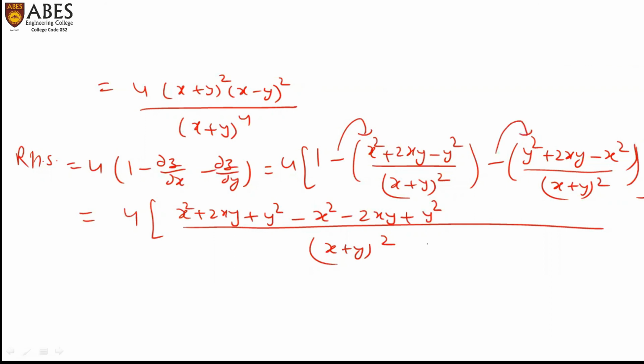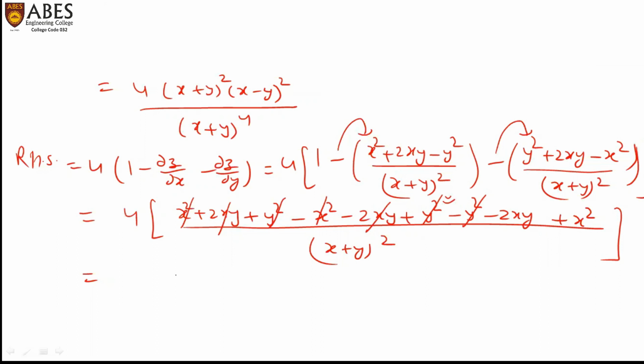Similarly, for this bracket also, multiply by minus 1: minus y square minus 2xy and plus x square. Correct. So let us check. This x square has been cancelled out, and this 2xy is also cancelled out. This y square is cancelled out with this one.